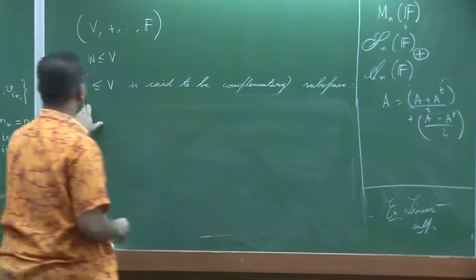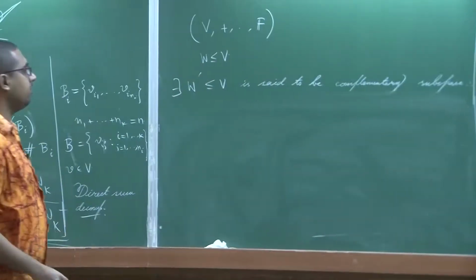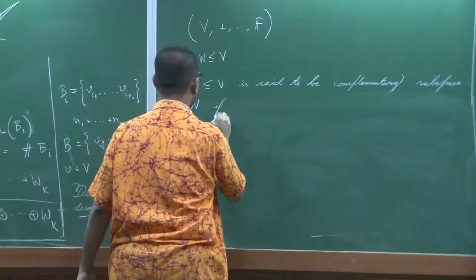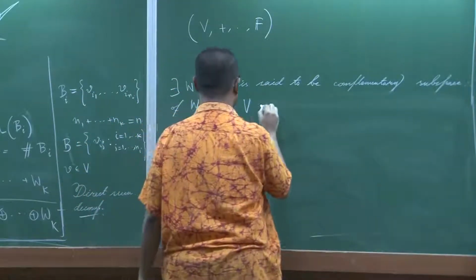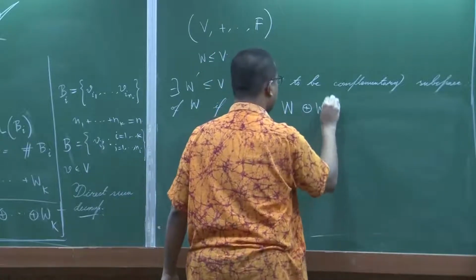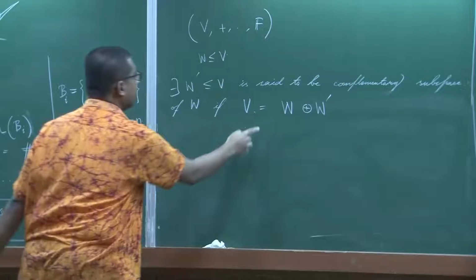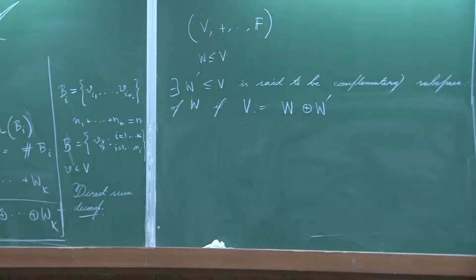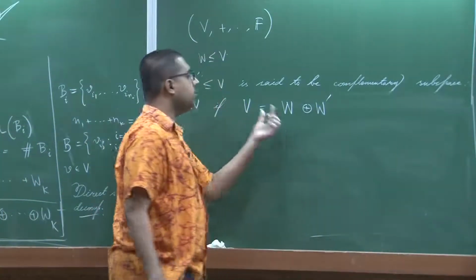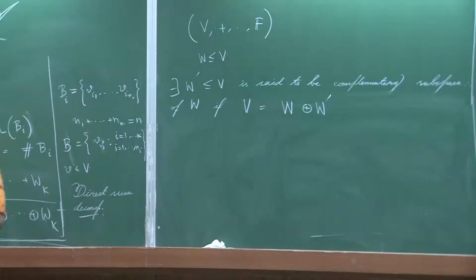A subspace W prime is said to be a complementary subspace of W if the sum of W and W prime is direct and the sum is V, or in other words, if V decomposes into a direct sum of W and W complement.